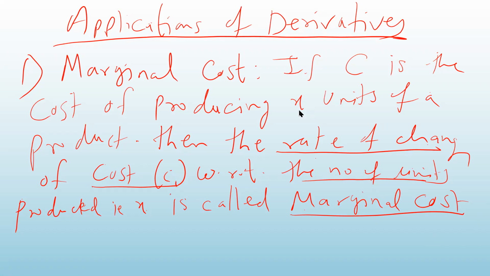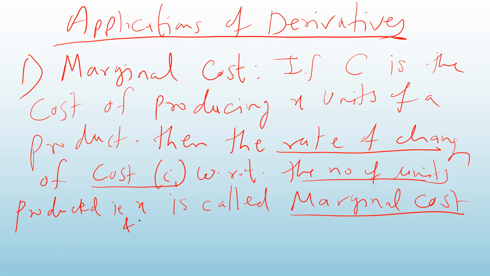So as the number of units produced changes, C will also change. So we want to see with what rate cost is changing when there is a change in number of units produced. That means the rate of change of cost with respect to the number of units produced is called as marginal cost.